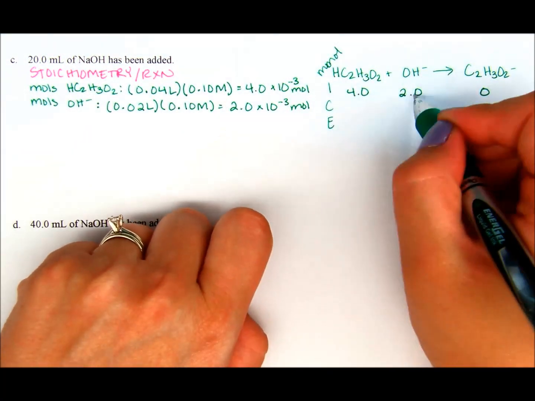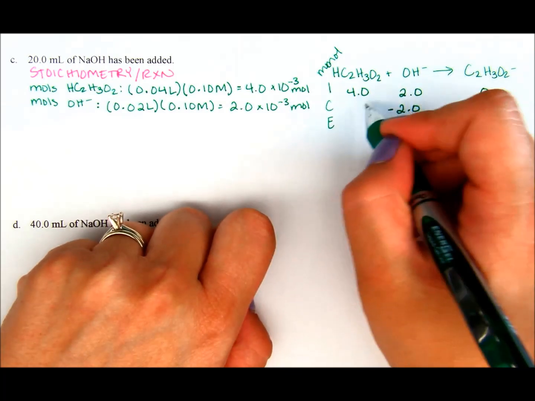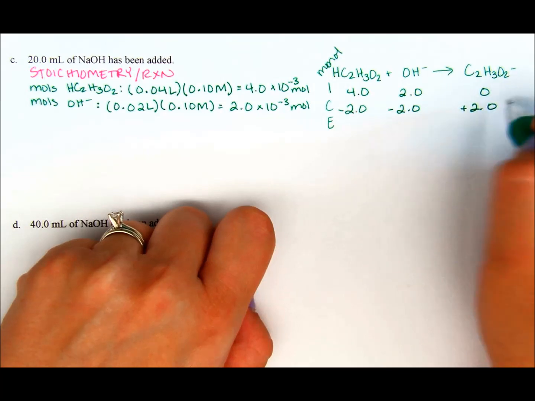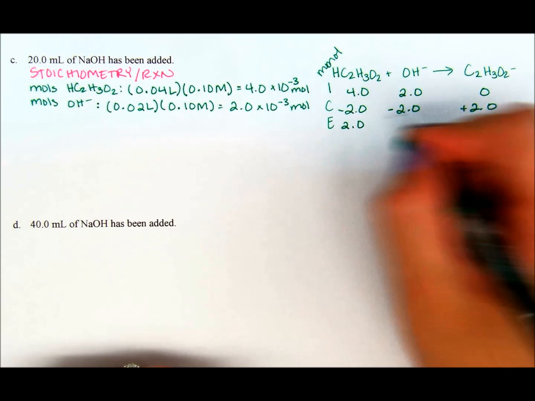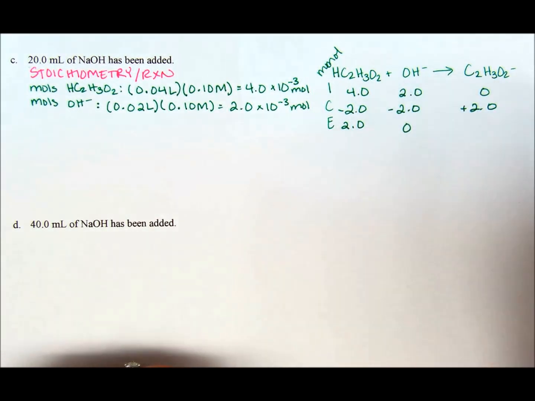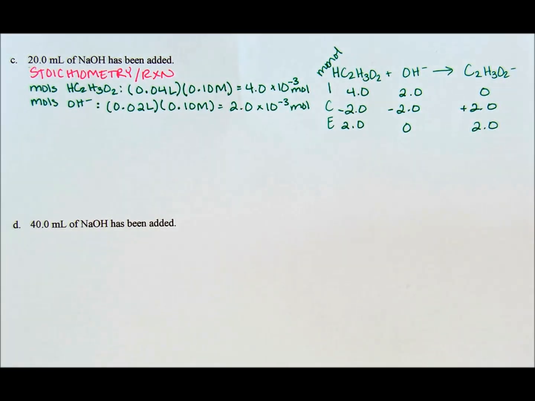Okay, our change, look for the one with less. This is a 1-to-1 ratio, so we're going to use up all the hydroxide we have, minus 2.0. You're going to produce 2.0, and go ahead and do your math at the end. So we have 2 millimoles of acetic acid, 0 moles of hydroxide, and 2 millimoles of acetate.